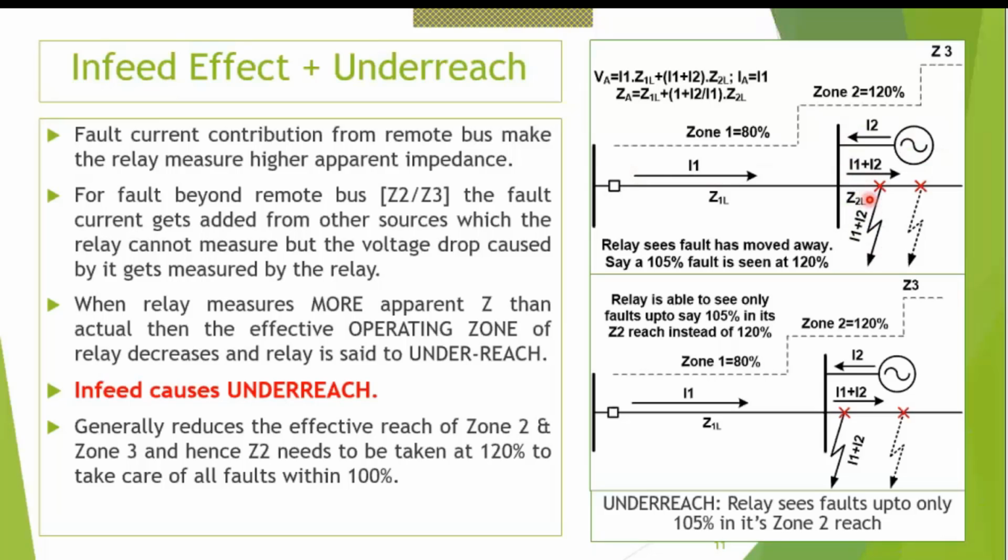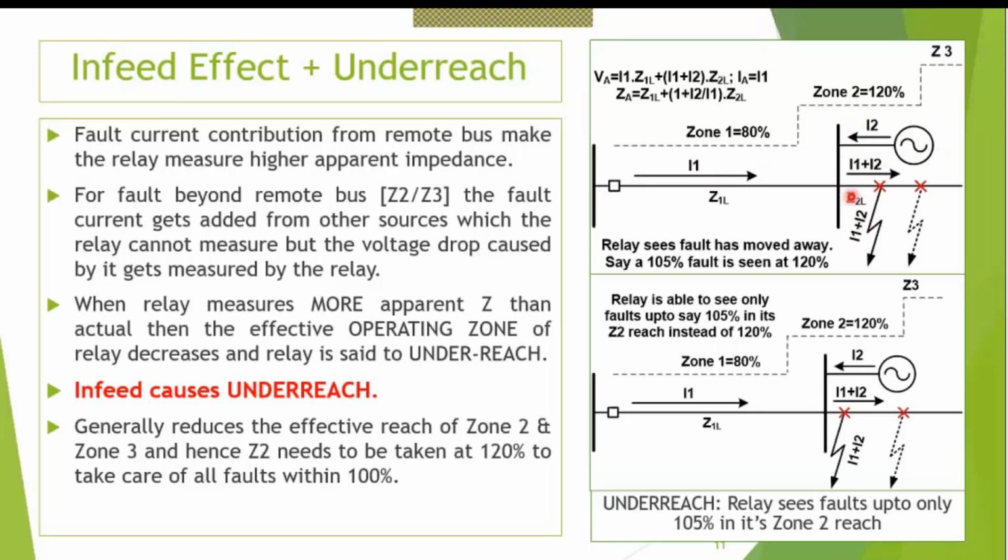So what will happen is that this impedance will be multiplied by I1 plus I2. There are two currents: one current is seen by the relay and one current is unseen by the relay, known as the infeed from the remote bus.